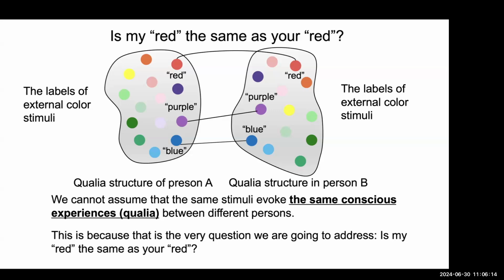But we cannot assume that the same stimuli evoke the same conscious experiences, Qualia, between different persons. Actually, this is the very question we are going to address: whether my red is the same as your red. So we do not want to assume this correspondence beforehand.